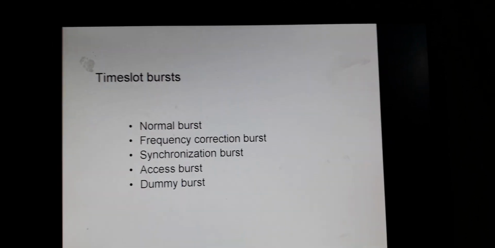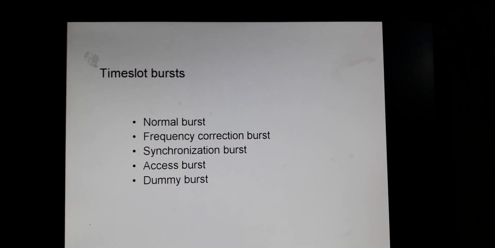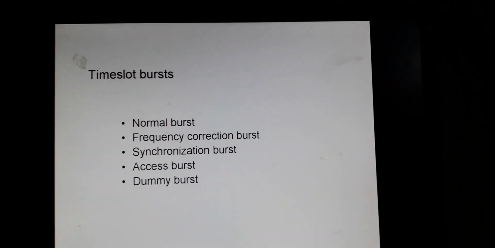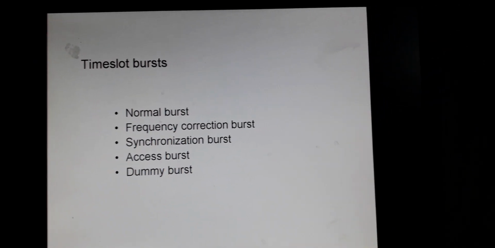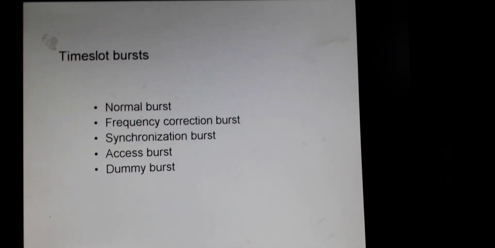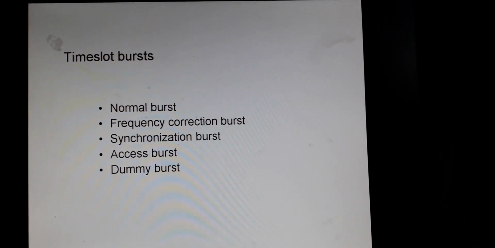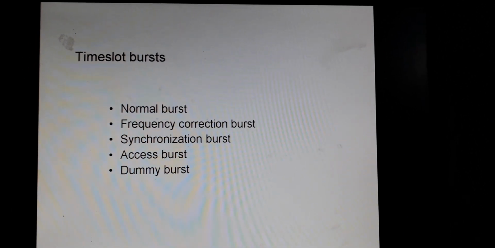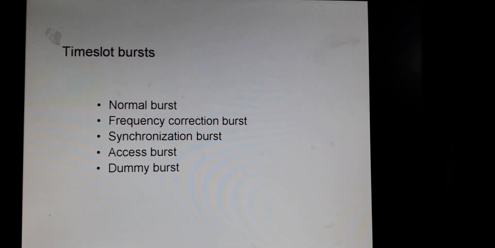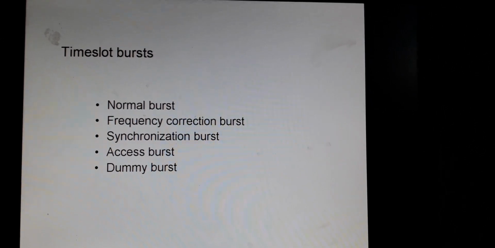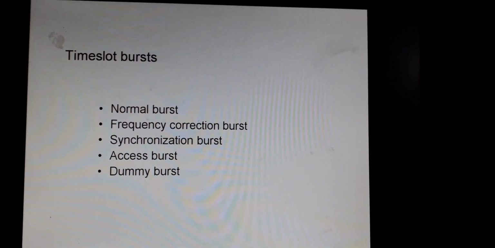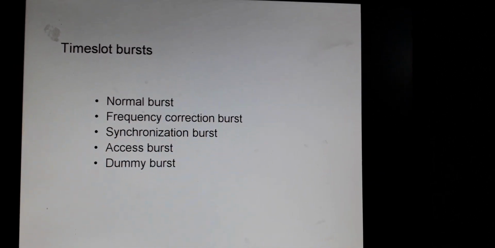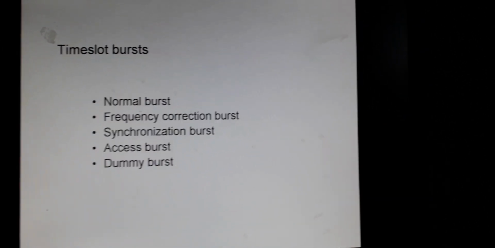So FCC and SCH bursts are converted into the channels later. FCC gets the frequency correction burst, the synchronization channel gets the synchronization burst, and RACH and AGCH burst information is present in the access burst. The last one is the dummy burst, which has an interesting feature.